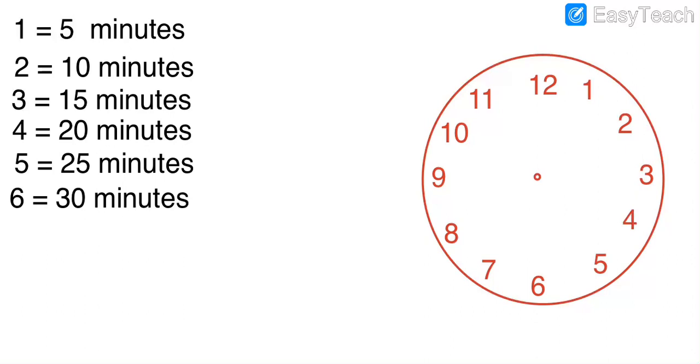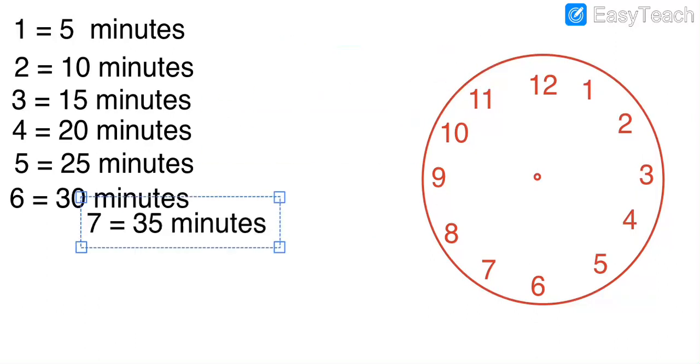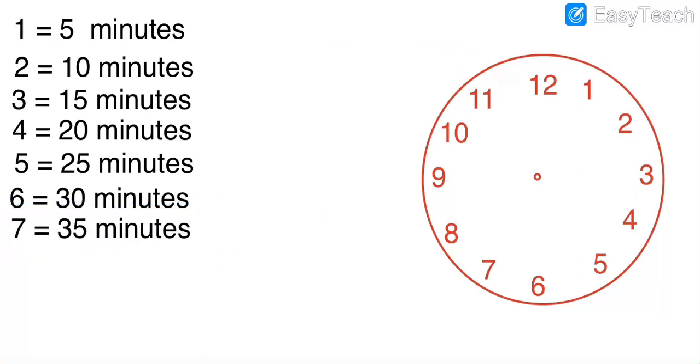See this, 1 to 6: 1 is equal to 5 minutes, 2 is 10, 3 is 15, 4 is 20, 5 is 25, 6 is 30. Then after 30 comes 7, and 7 shows 35 minutes. Understood? I hope you all have understood.